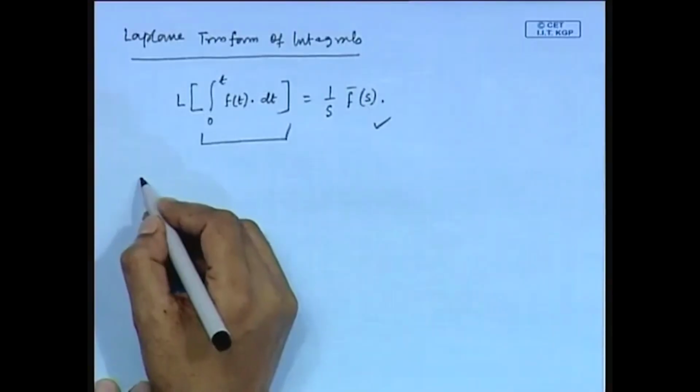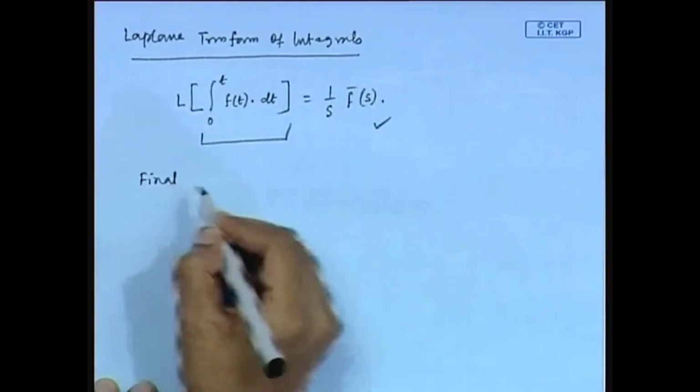Other two formulas are also in use in process control. Those are the final value theorem and the initial value theorem.